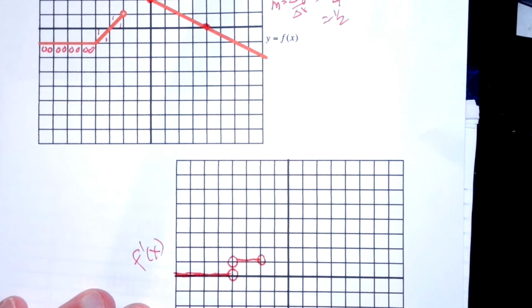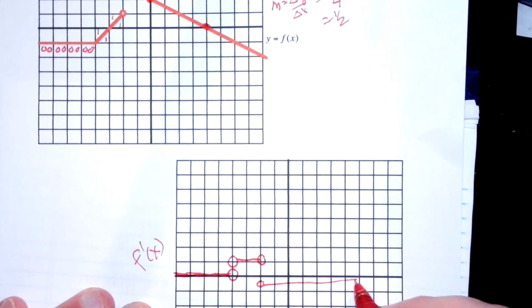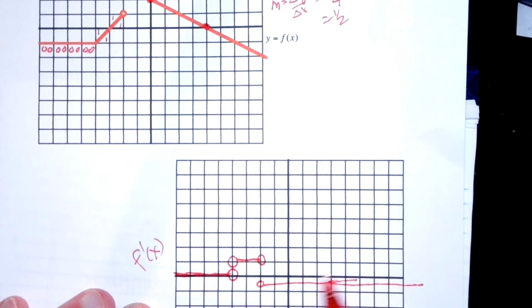And then the rest of the way, the slope is -1/2. So that would be down here. My hand slipped right here. I apologize for that. But make sure you leave those open circles to indicate that the derivative of the function does not exist there.